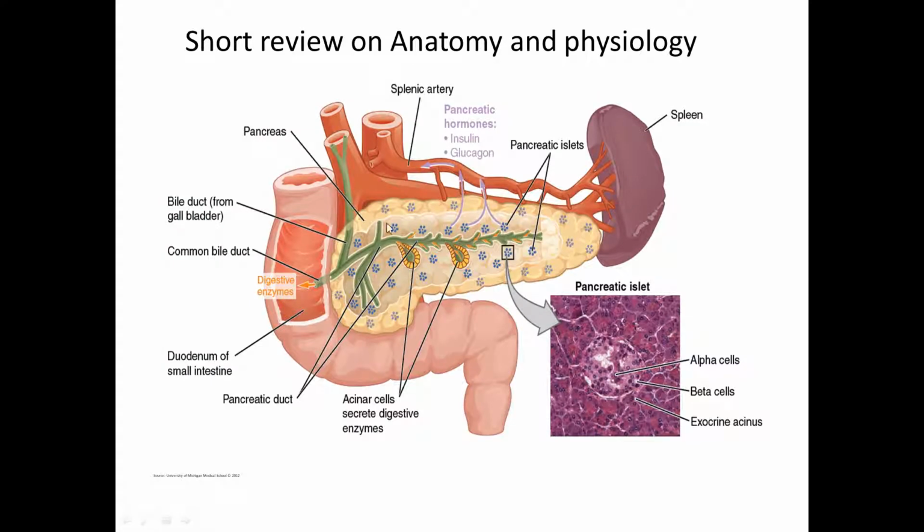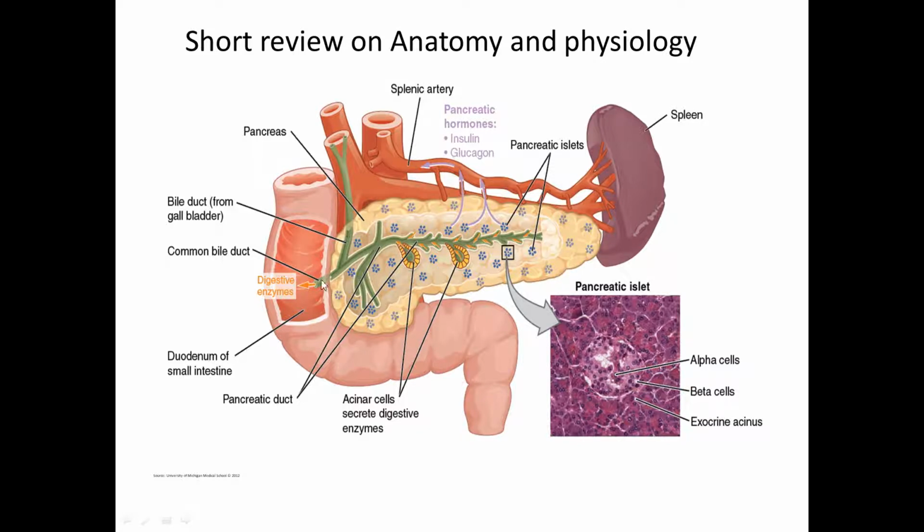Here in this figure, you can have a better visualization of the pancreas. This is the duodenum here. The pancreas overlies, or is situated on, the C curvature of the duodenum. This is the head of the pancreas, and it extends along all this area.